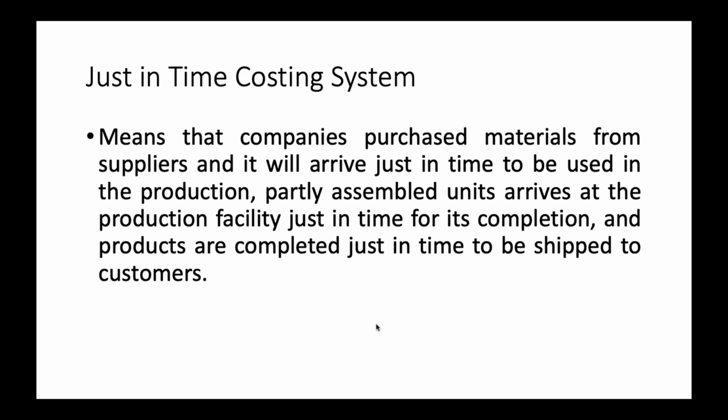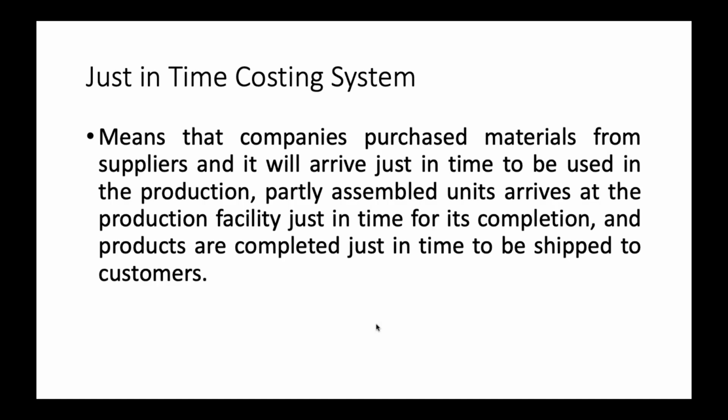So in short, a just-in-time costing system is a system where the company only purchases raw materials when needed, so that when they are delivered and arrive in the production area, that is the time they will be used in production.